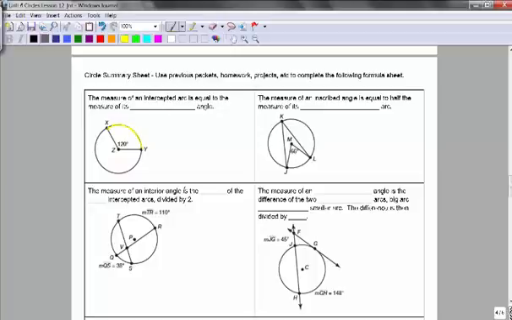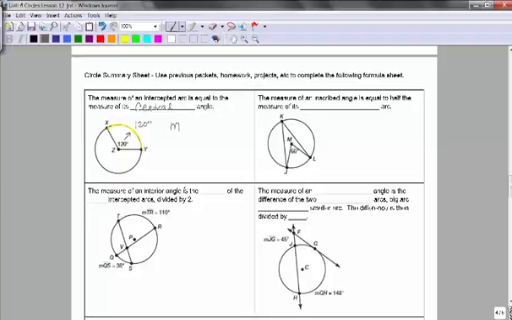It is exactly equal to the measure of its central angle. This is the one that's 1 to 1. The measure of a central angle is equal to the measure of its intercepted arc.